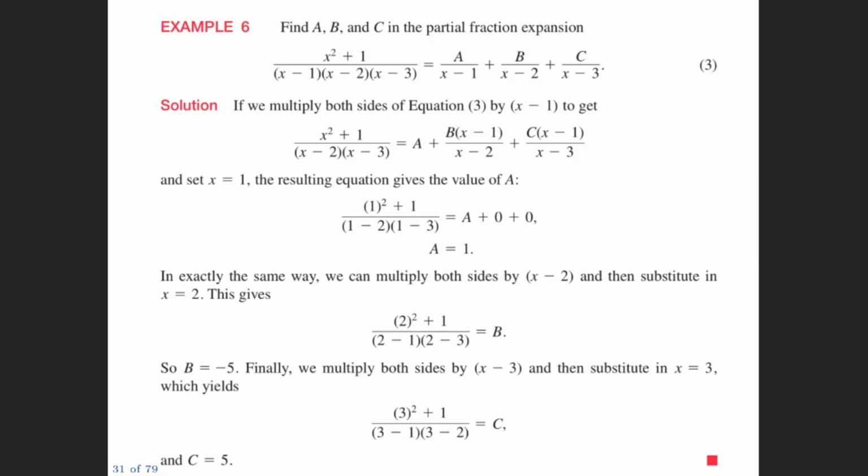And the idea is this. We're going to multiply both sides in our decomposition by first x - 1, and then set x equal to 1, and then we'll multiply by x - 2 and set x equal to 2, and then step 3, we'll multiply by x - 3 and set x equal to 3.